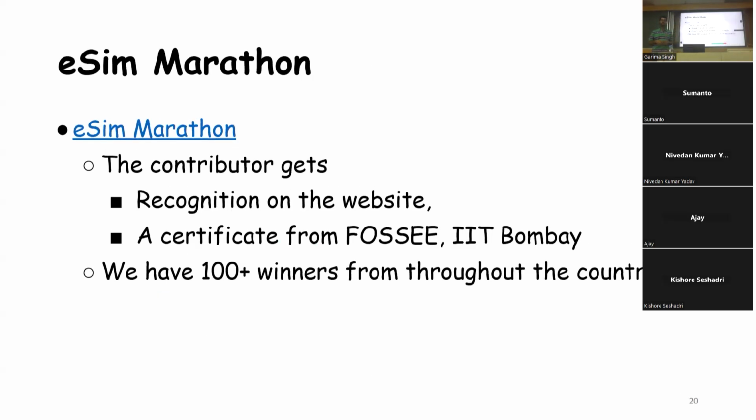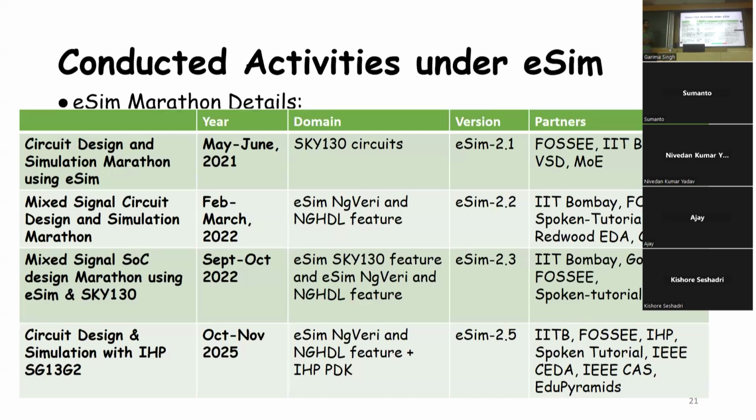And the eSim Marathon. We have a hackathon activity running every year or so. Thousands of people participate, and we have 100+ winners every time. We had one in 2021, then in 2022 we had 2 hackathons, then 2025, and we have 2,000+ registrations and around 100 winners.